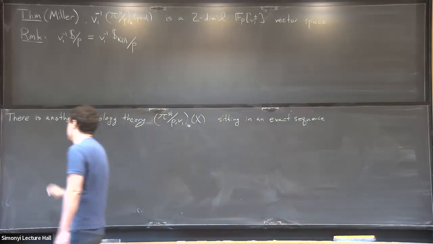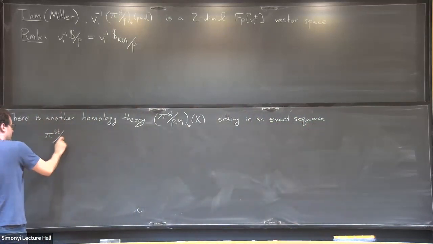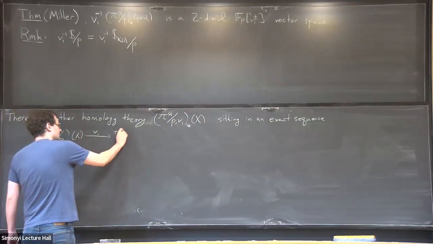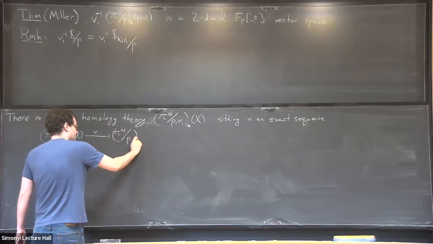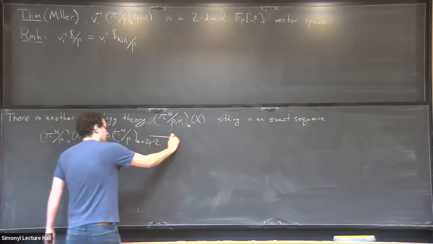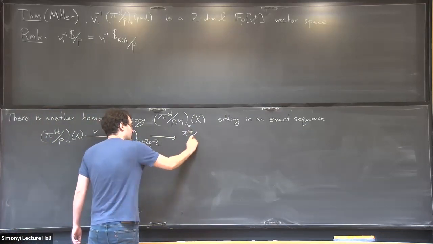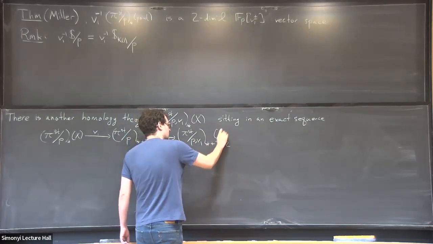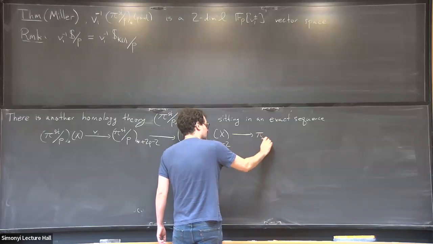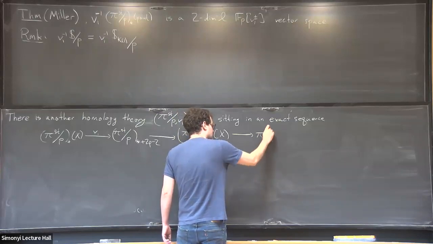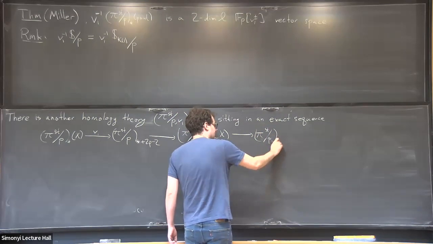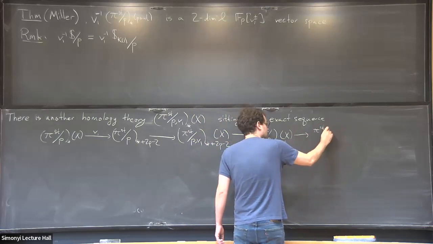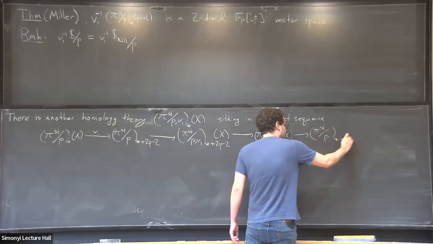I could take mod P stable homotopy of X, this V1 transformation, which increases degree. And then I'm going to have mod P V1 theory. And then I'm going to have mod P theory again, with degree shift 2P minus 3.